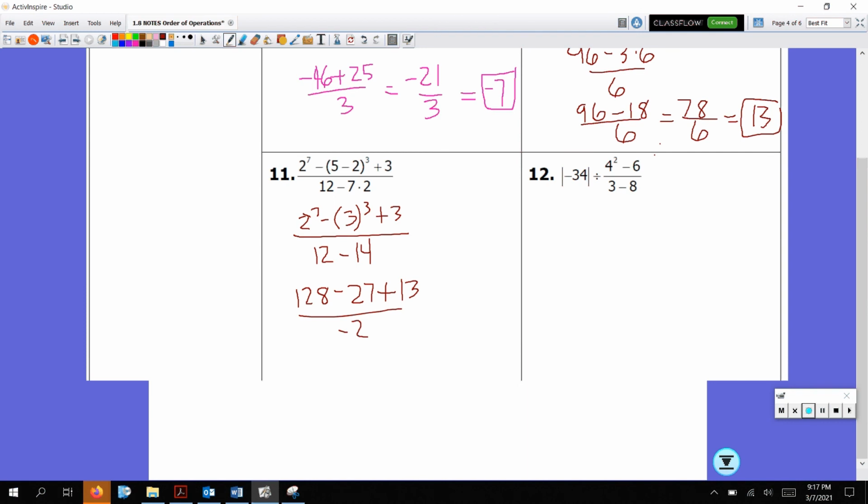All right, since the numerator is strictly addition and subtraction, it's left to right, we can say 128 minus 27 gives us 101 plus 13 over negative 2. 101 plus 13 is 114. Divided by negative 2 is negative 57.